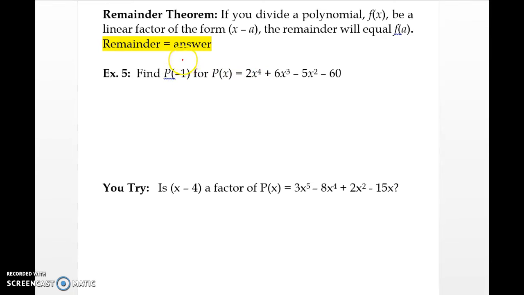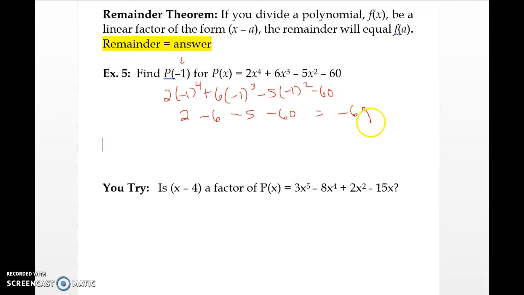They're telling you what your x is, -1. So we just plug it in. 2 times -1 to the 4th plus 6 times -1 cubed minus 5 times -1 squared minus 60. And that's going to give you 2 minus 6 minus 5 minus 60. And that's going to give you -69. This is your remainder.